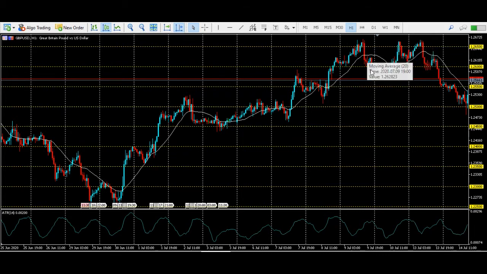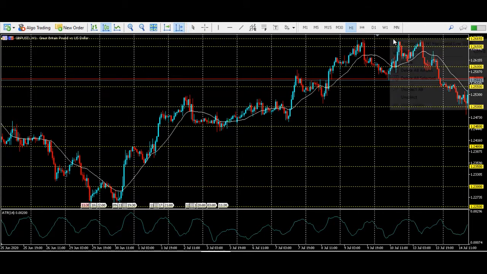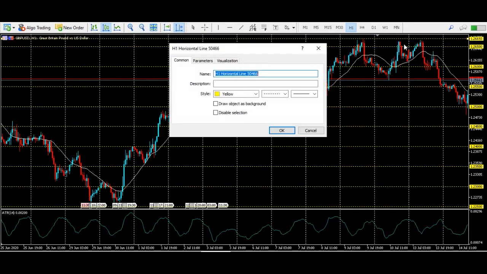but when you look at the market structure, we've had a high, then the market has come back to test this high. So what I would want to do is try and avoid buying at resistance. Let me just change the color of this.